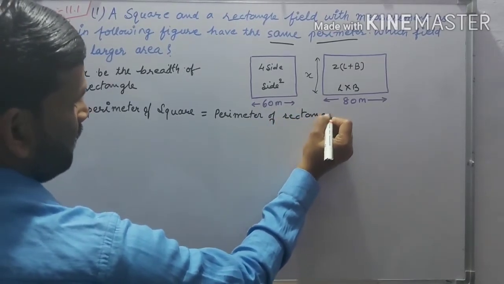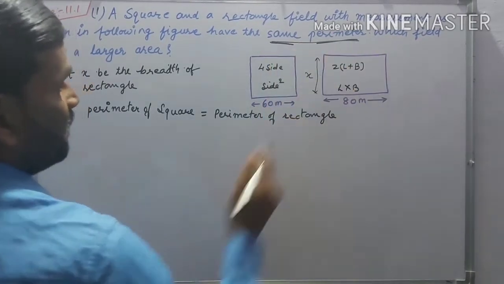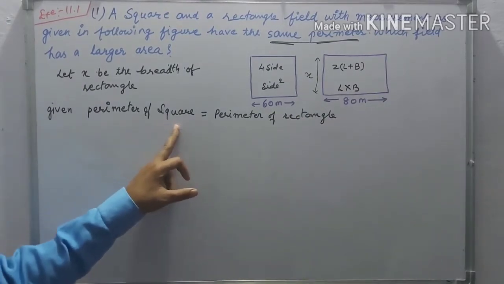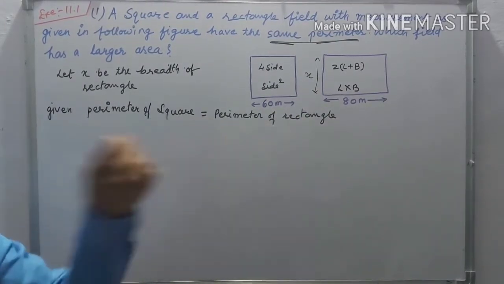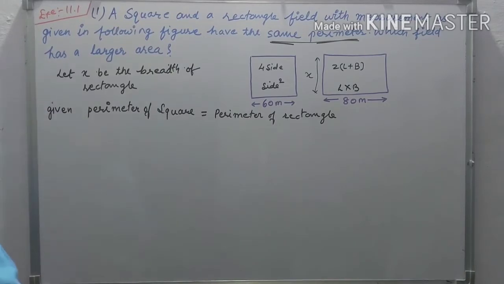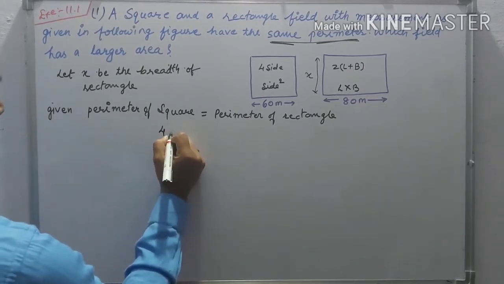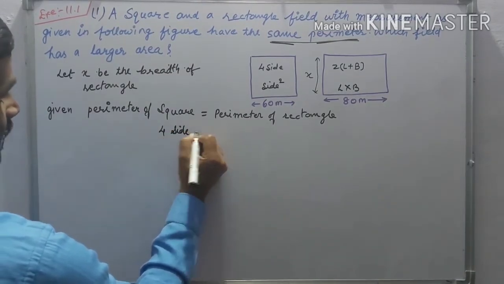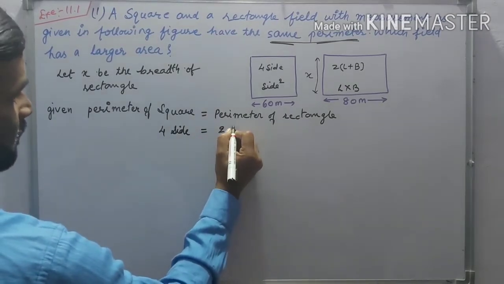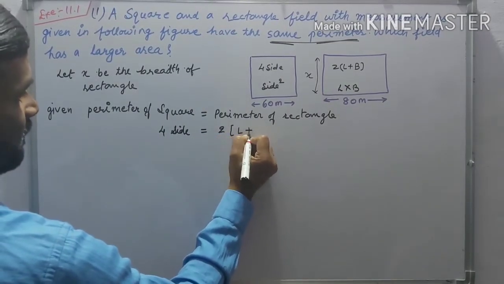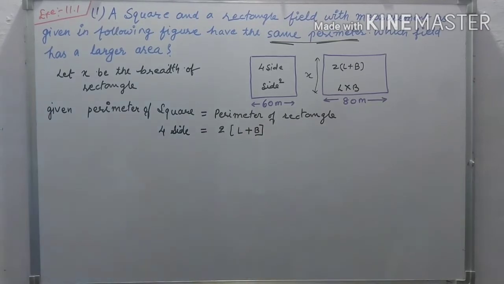It is given that the question has the same parameter, it means the parameter of the square is equal to the parameter of the rectangle. The parameter of the square is 4 into side, and of the rectangle is 2 into (L plus B), where L is the length and B is the breadth.